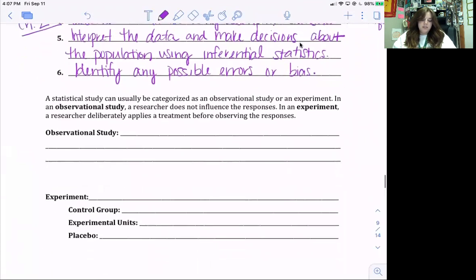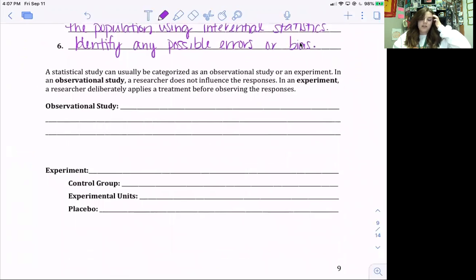Okay, so now a statistical study can usually be categorized as an observational study or an experiment.